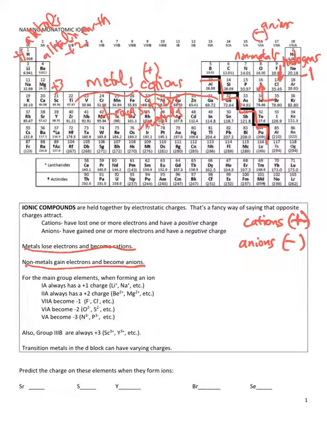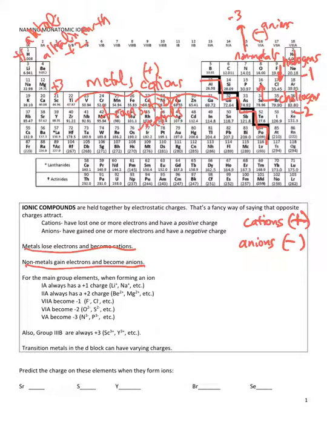The group 6A, the chalcogens, oxygen, sulfur, selenium, tellurium, they're going to get -2. The 5A, if they're going to make a charge, they'll be -3.